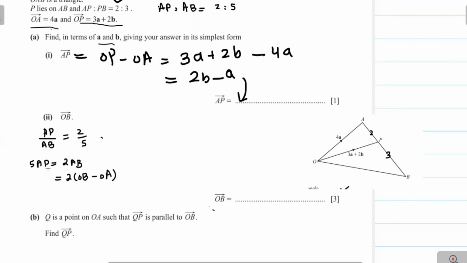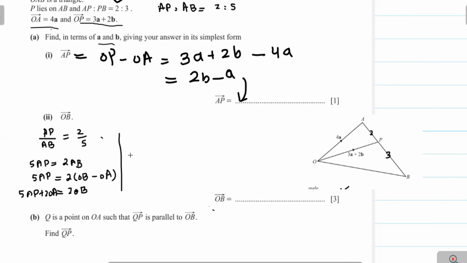Now we can write 2 OB equal to 5 AP plus 2 OA.